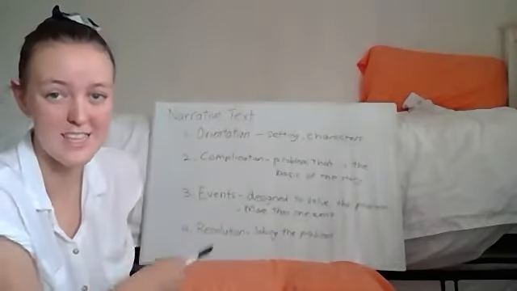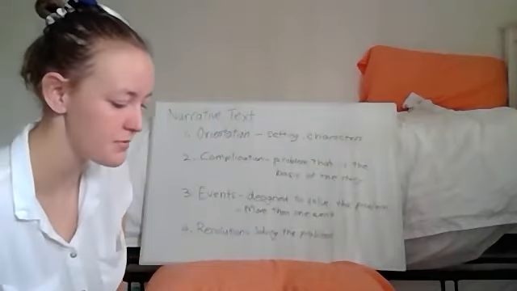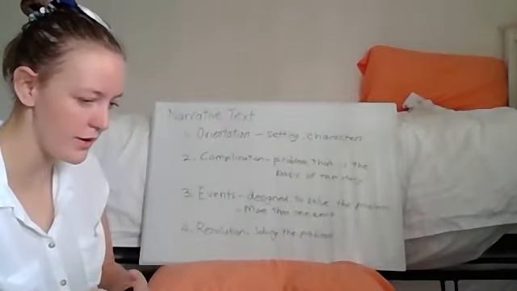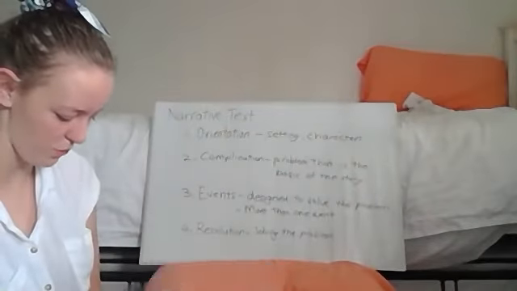So these are the 4 parts that we need to have in order to actually make a narrative text and make it right. So I'm going to read a book, and it is called Tiddalik, the Greedy Frog.